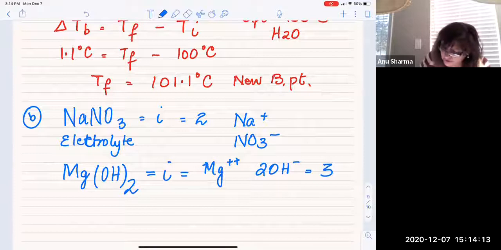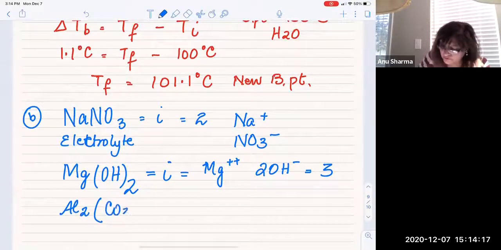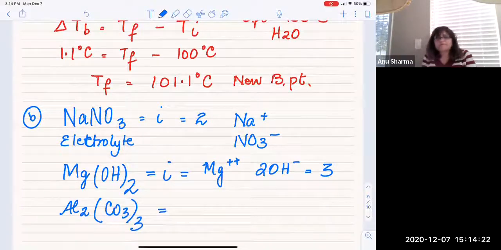Let's do one more. Al2(CO3)3. What is the value of i? Not 4, it's not 4. How can it be 4?